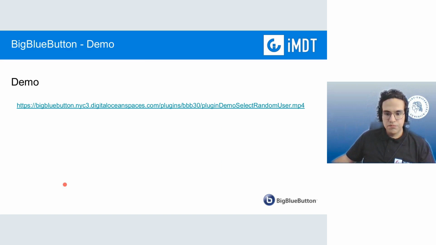So here's the demonstration. I'm going to show you with an external video, just quickly here. Here I create the meeting. I join with a moderator. I join with another moderator here.